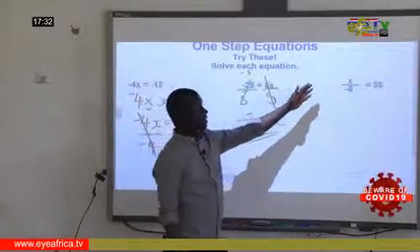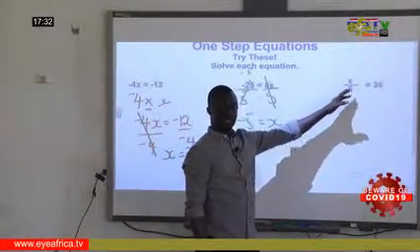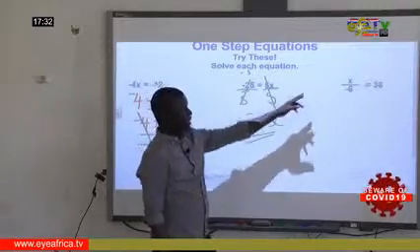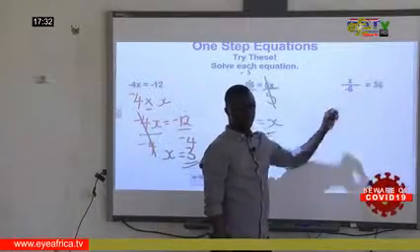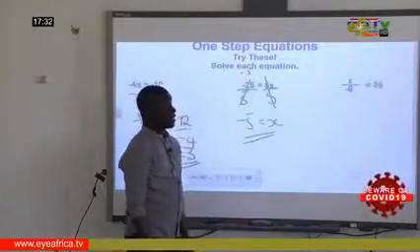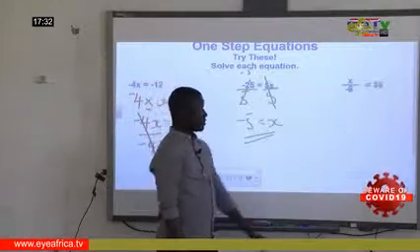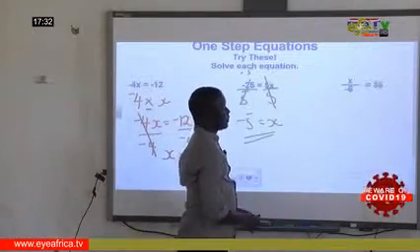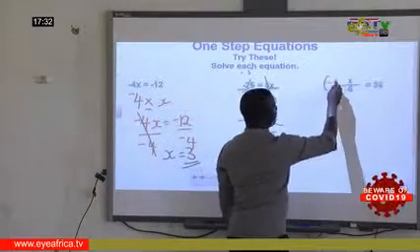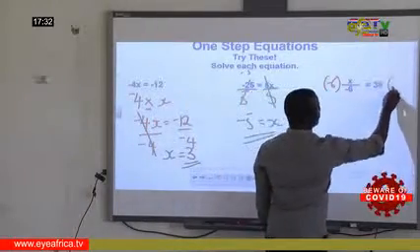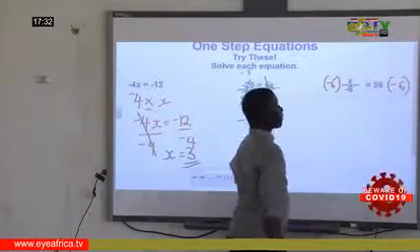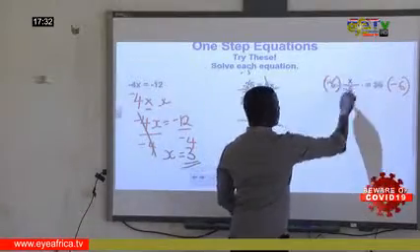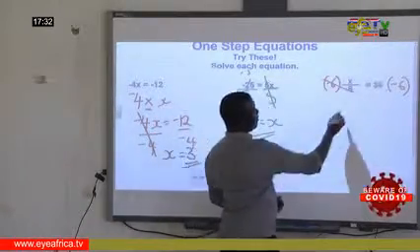The third one here is x divided by negative 6 equals 36. As you can see, the operation here is division, and the inverse of division is multiplication. So therefore, we shall multiply both sides by negative 6, and negative 6 undoes negative 6.